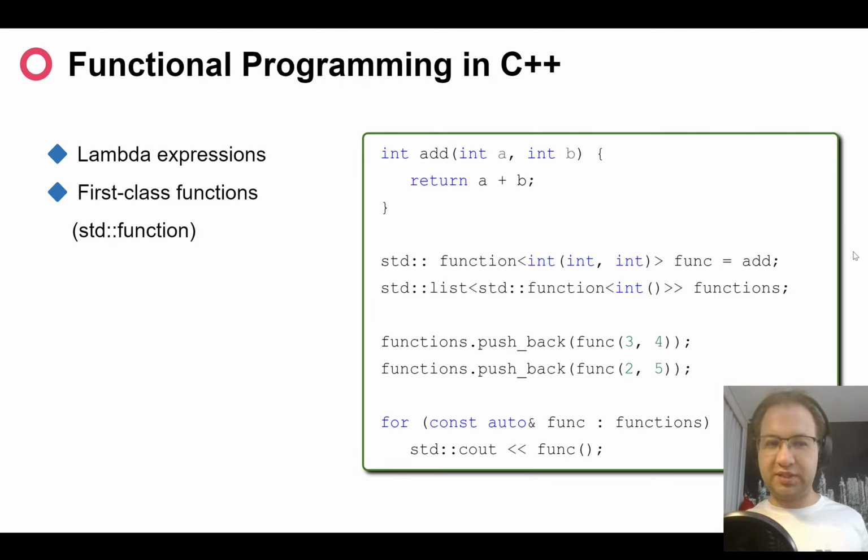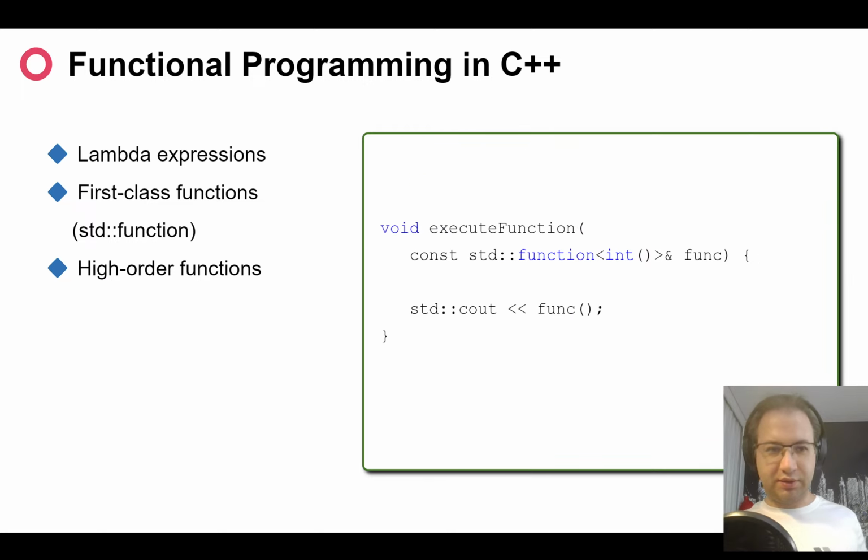So in this sense, it's functional programming, more or less, right? Also, yes, C++ certainly supports higher-order functions because it's just a value, you can pass it here and there. And execute function is therefore a higher-order function. The terminology is: first class means you can move it, higher order means it takes other functions as arguments.